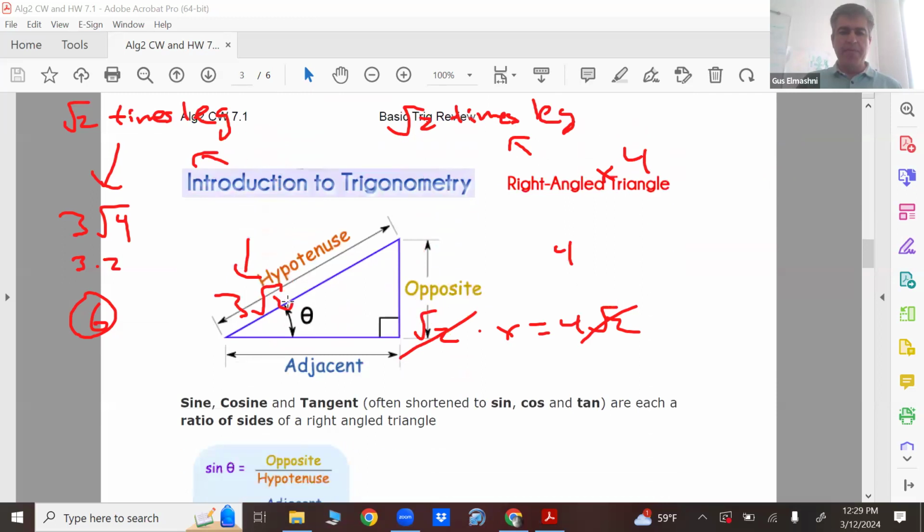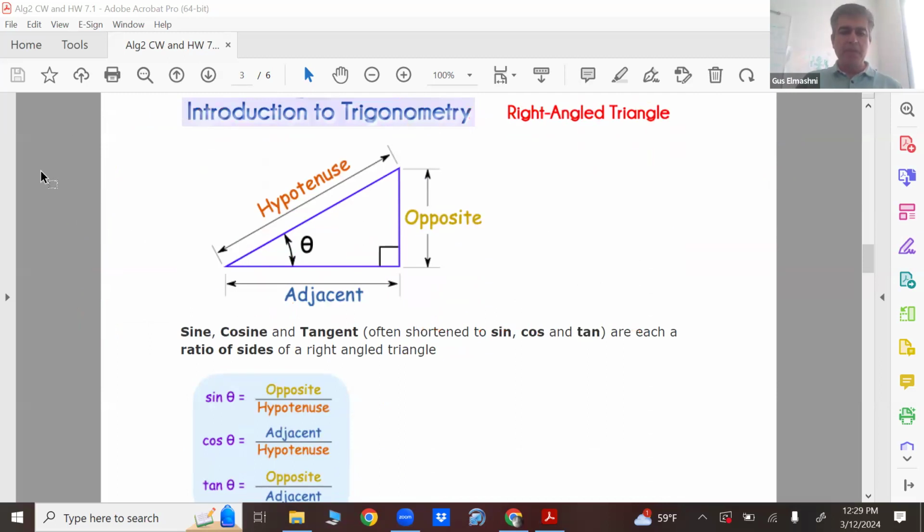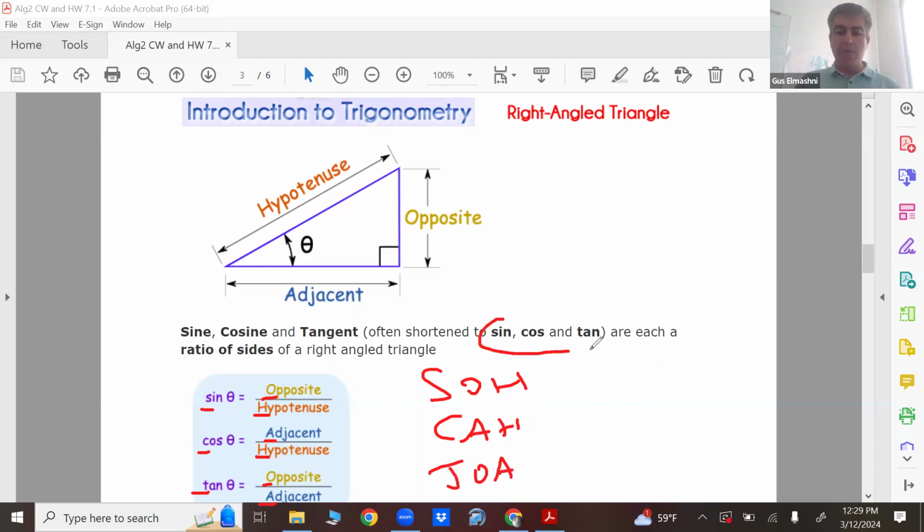Let's talk about trig. Okay, so there's a mnemonic that many people learn. So SOH, CAH, TOA. Very, very important that you guys don't think of this as some abstract thing. This is not abstract.